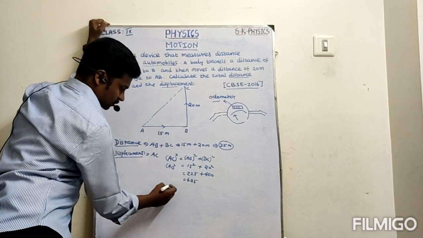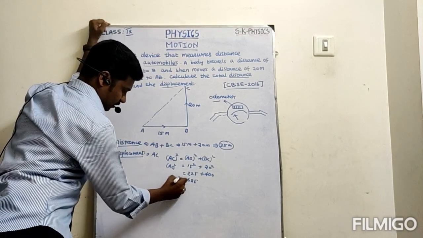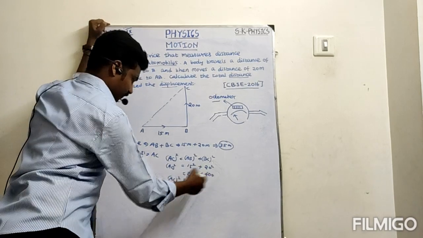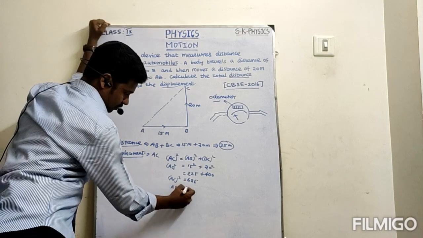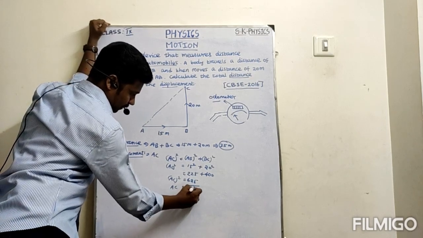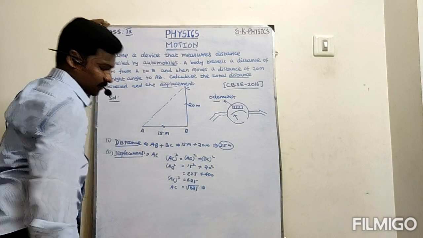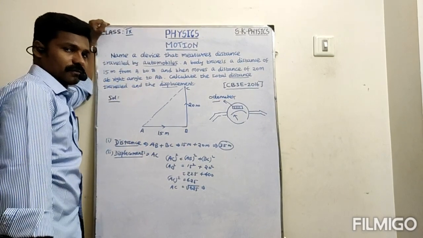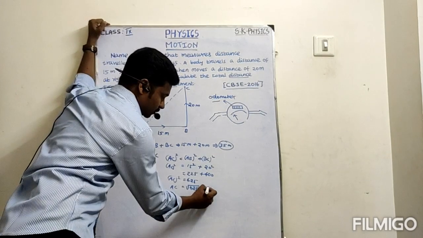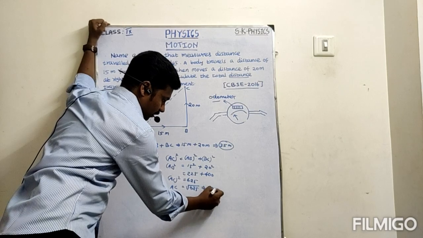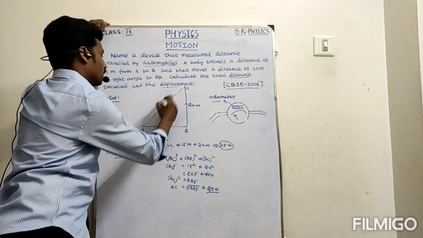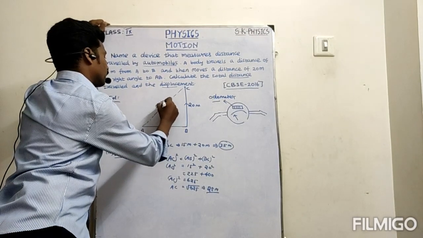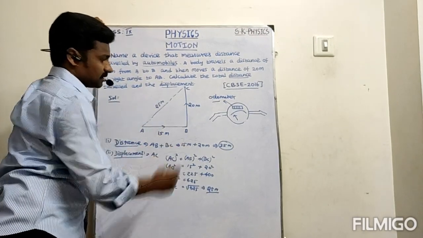So AC squared is equal to 625. Therefore AC is equal to the square root of 625, which is 25 into 25. So it is 25 meter. So the displacement is 25 meter. Then the distance covered is 35 meter.